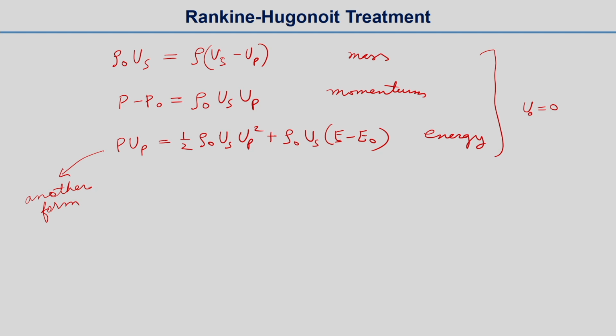Here we can see that we have 5 variables in these three equations.